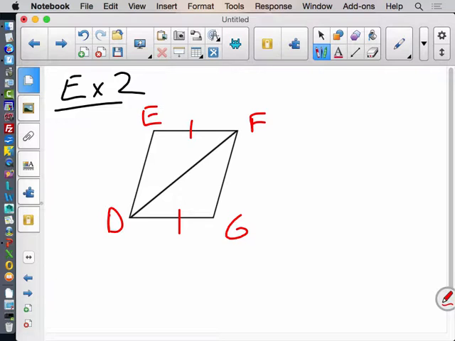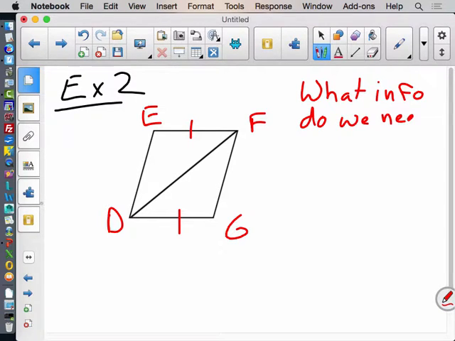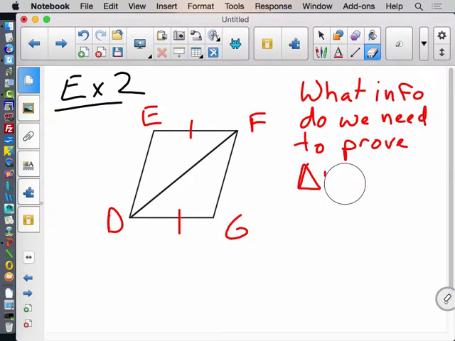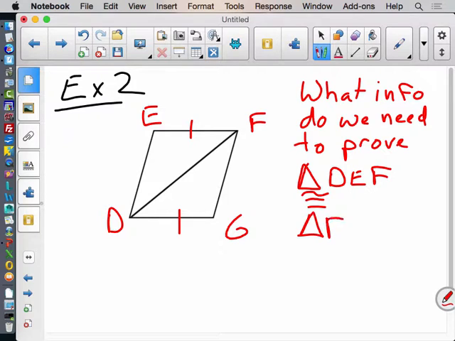We have this picture, and this is all the information we have. And we're asked, what other information do we need to prove triangle DEF is congruent to triangle FGD?